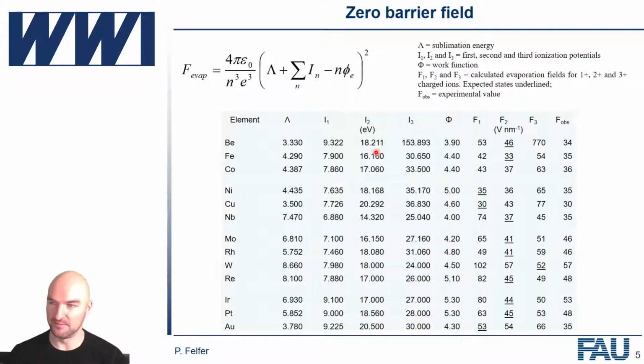Because one thing that we can take away from this is that what's really dominating here very often is the sublimation energy and the ionization energies. And they are particularly high for elements with high melting point, strong atomic bonding. So we see much higher evaporation fields for high melting materials than for low melting materials, just as a rule of thumb. Okay, this is a very important take-home message.